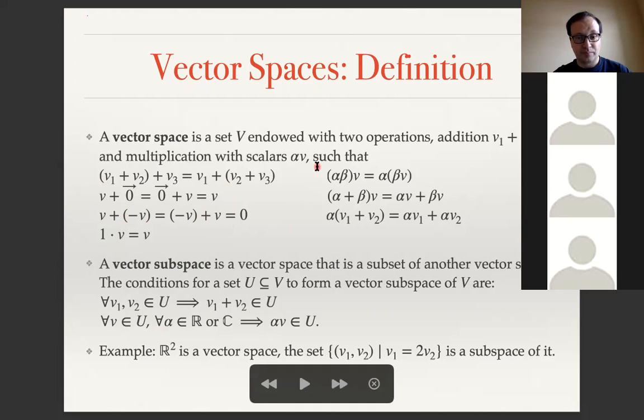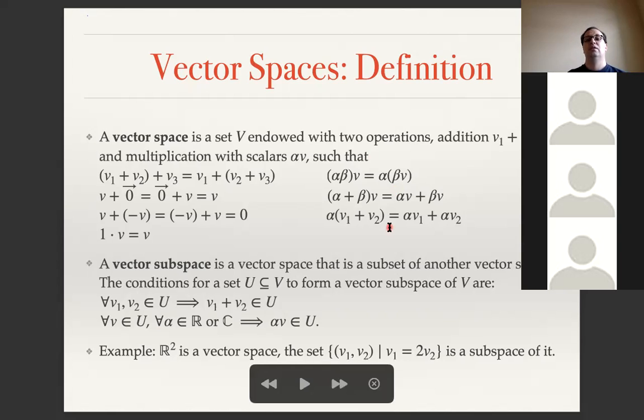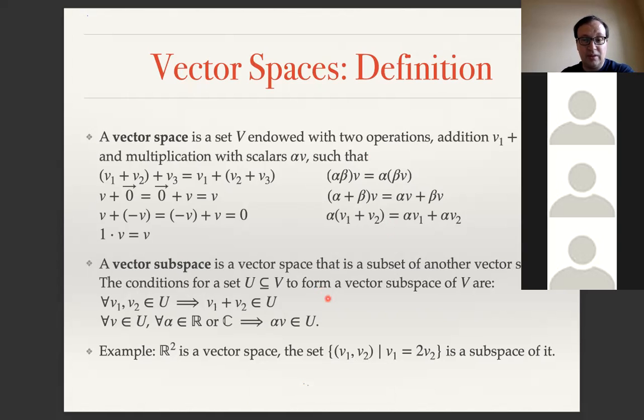And here are the properties of multiplication with scalars. So all sorts of laws of distributivity that make computations manageable when multiplying by scalars. If we have a smaller vector space within a bigger vector space, that's called a subspace.